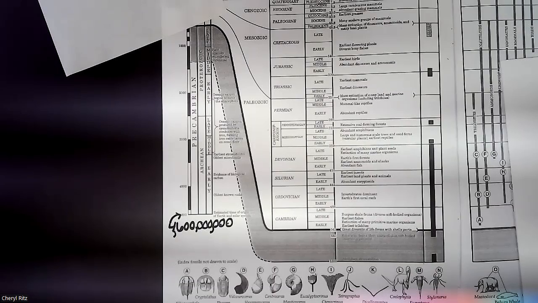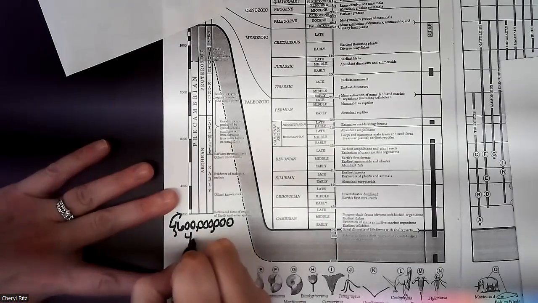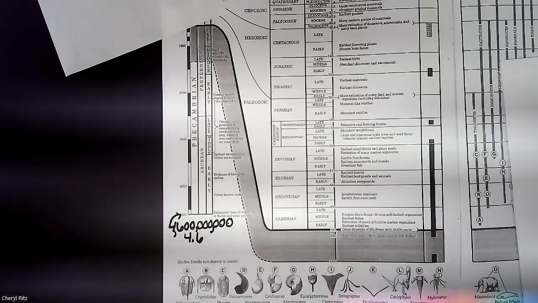Does anybody know another way I can write 4,600,000,000 and it still mean the same thing? How else can I write 4,600,000,000? 4.6. Now, can I just leave it 4.6? No, you're going to have a label, because if I write 4.6, that to me means 4.6 years. So make sure you add a label.